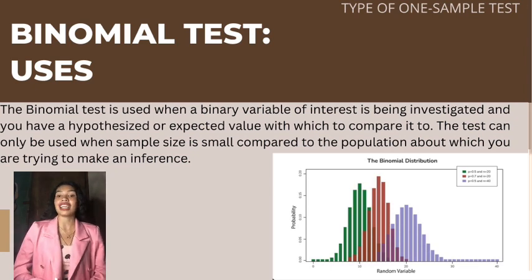So let's take a look at this chart. The binomial test is derived from the binomial distribution, which can be thought of as the distribution that is followed by the number of successes or failures in a certain number n of repeated independent experiments or trials.